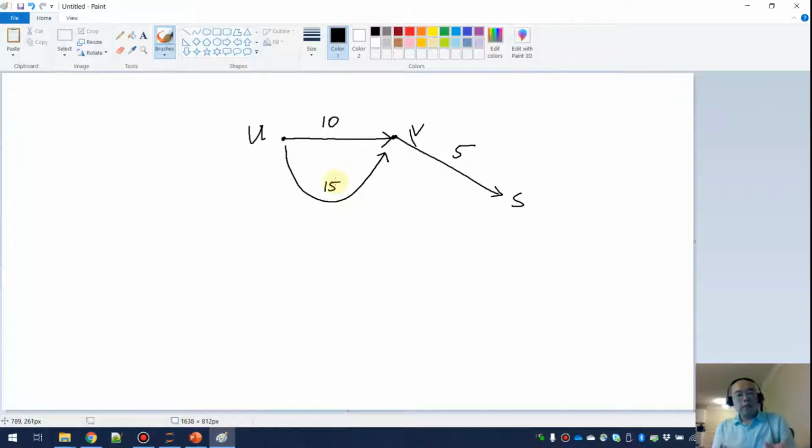So in this case, from U to V there are two possible paths. We can go this way, U to V, where the weight is 10, and if we go this other way from U to V, the weight is 15. So from U to V now we have two possible paths. Okay, let me go back to my lecture notes.